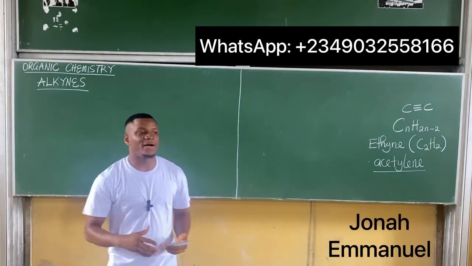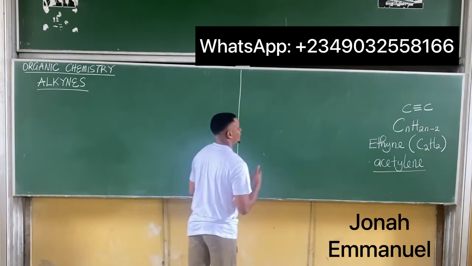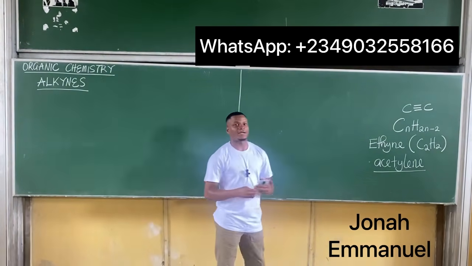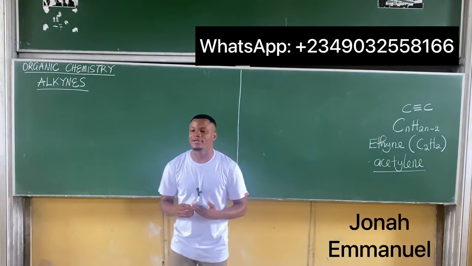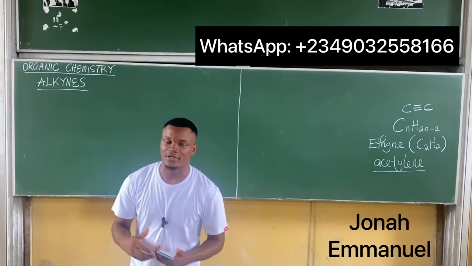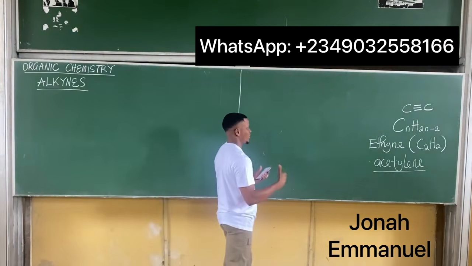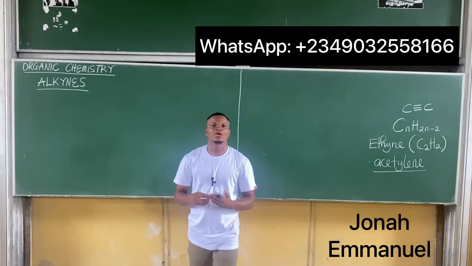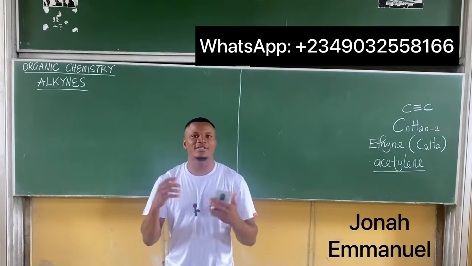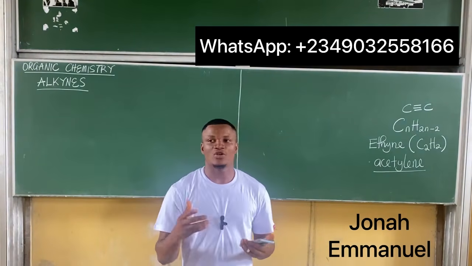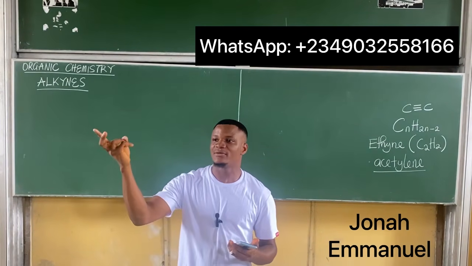So the simplest member of the alkyne family is ethyne, and ethyne is also called acetylene. It has a formula of C2H2. That's it.